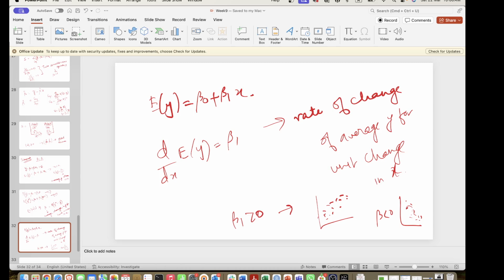Now that we have these interpretations and everything, let us move on to see how we can use the R software to solve these problems.